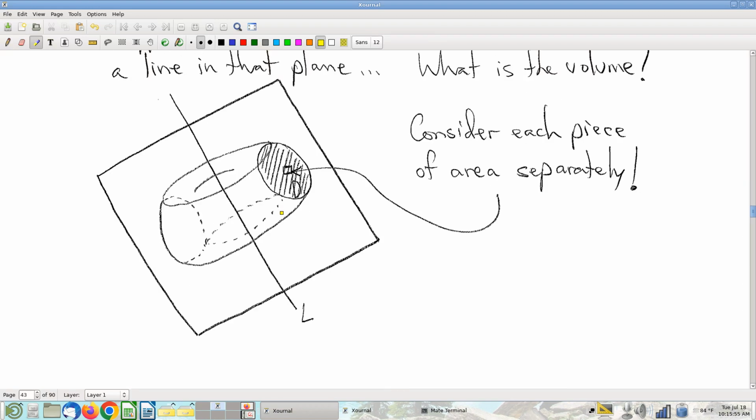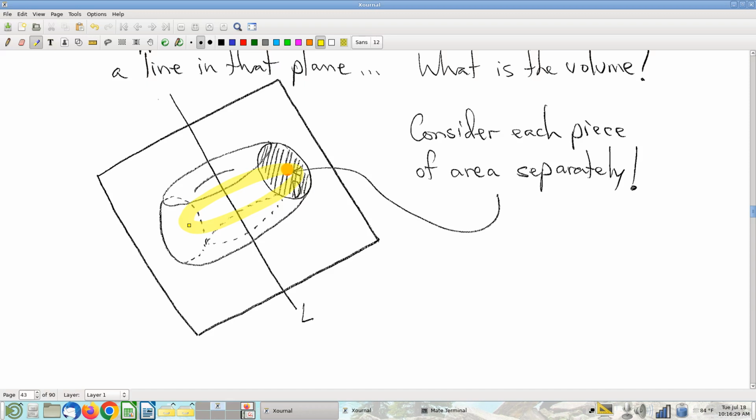Whoops. I want to come back up here real quick. The total volume, I argue, I can think of as being what I get when I take each little piece of area and rotate each little piece of area separately. Now, this is a hard picture to draw, so I'm not even going to try to draw it, but I'm just going to appeal to your intuition. This area that I'm rotating to generate the volume consists of a bunch of little pieces.